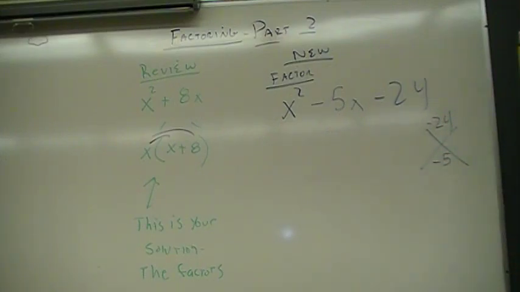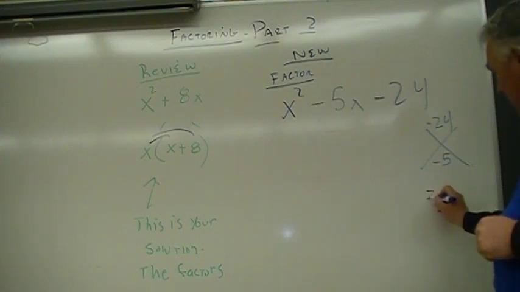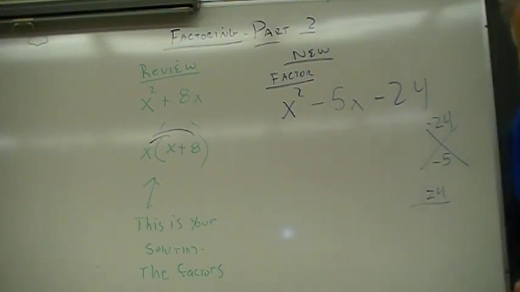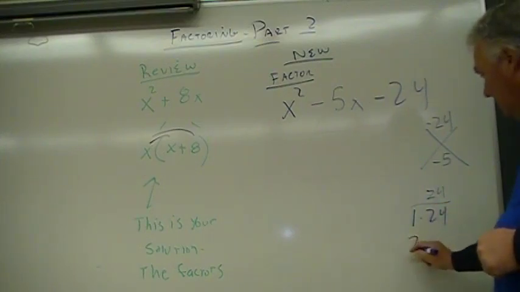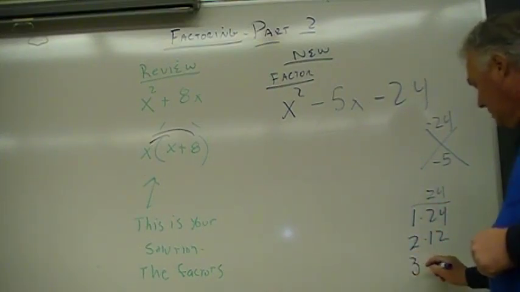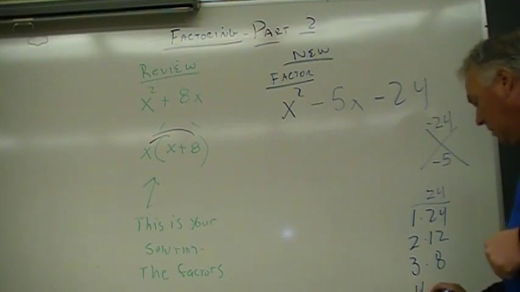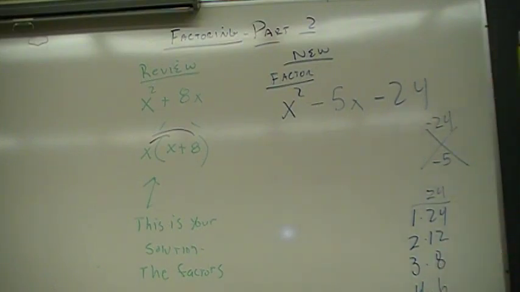Okay, what times what is negative 24? Added together is negative 5. So what we do is say, what times what is 24? And so those are our 4 pairs of factors that give us 24.